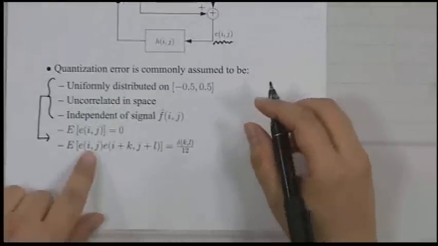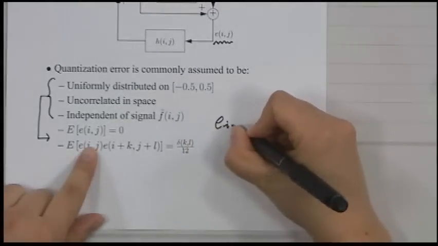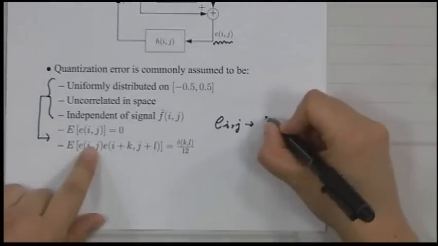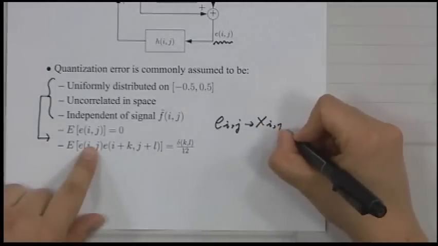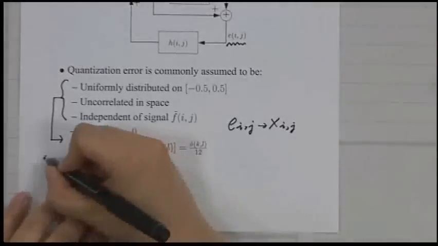Just notation: I use Xij instead of Eij. Here's a proof.